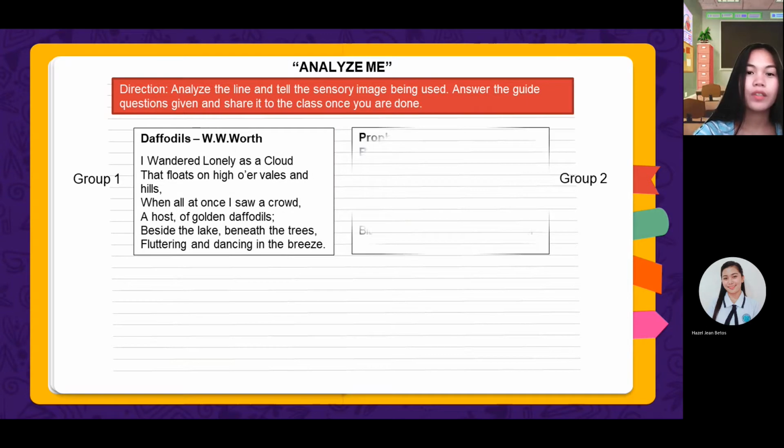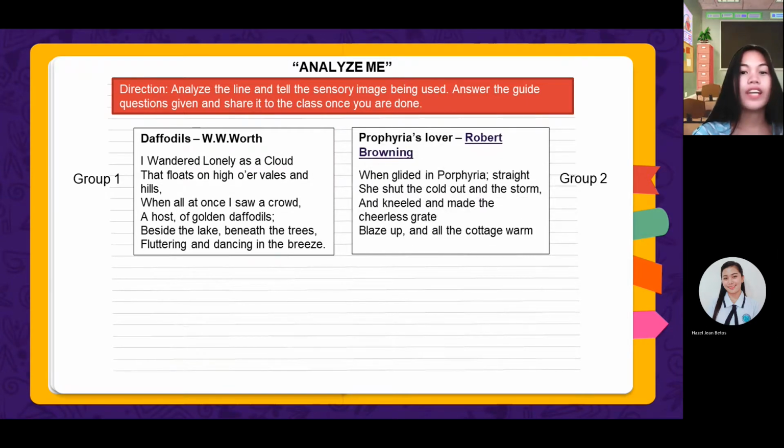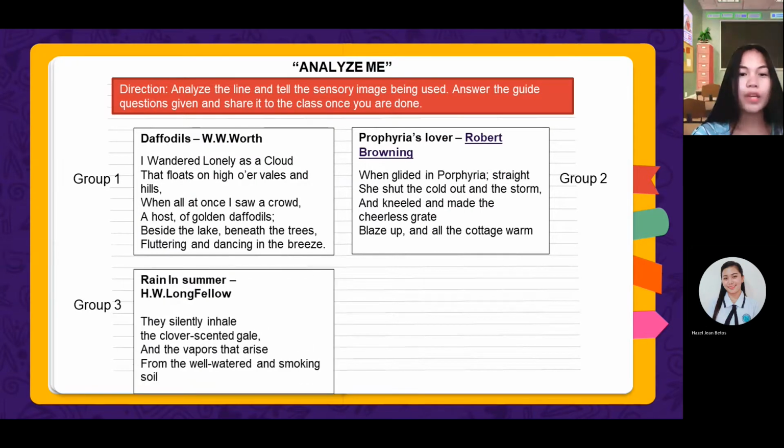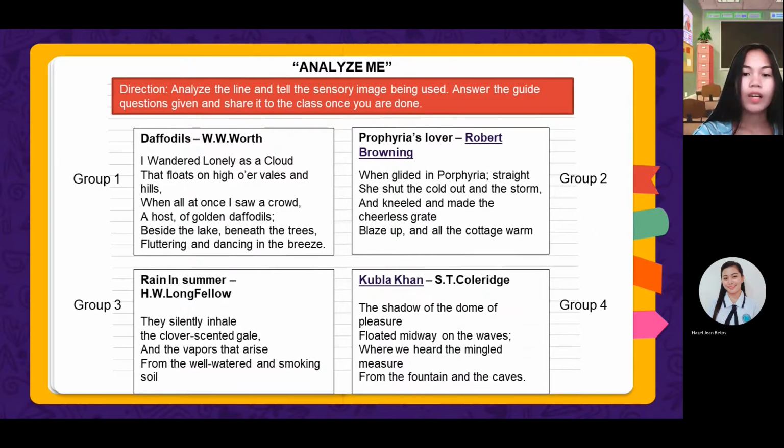Group 2, Prometheus lover. Group 3, Rain in Summer. Group 4, Kubla Khan. All right, I will give you just 15 minutes to analyze this line.